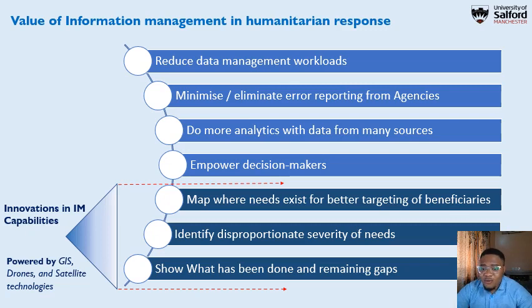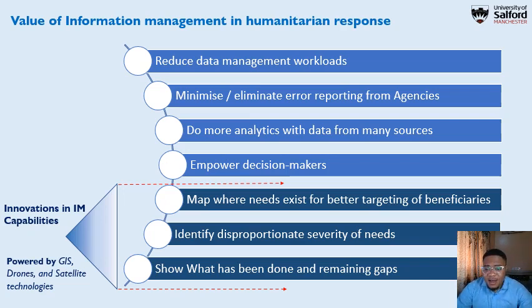It can also allow you to map where needs exist for better targeting of beneficiaries in the field, for identifying disproportionate severity of needs. For instance, there can be more needs in one location than in another location, and show what has been done and the remaining gaps. Information managers also have to show, for instance, what has been done in each location as far as mapping those gaps.